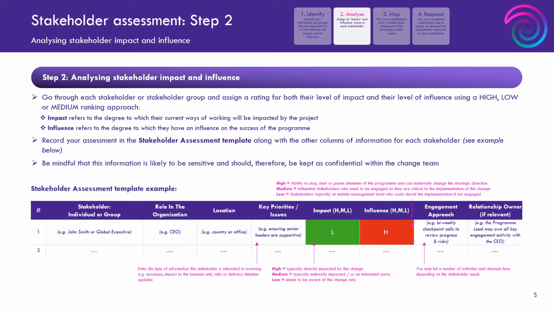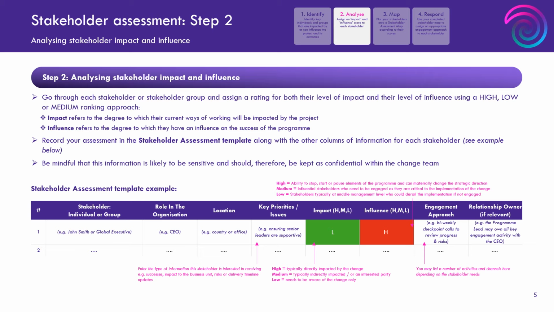So for example, a senior leader might be very influential in determining whether the program will be successful, but they might be less likely to be impacted on a day-to-day basis. Whereas a more junior employee is likely to be impacted on a bigger scale, but is likely to have a lot less influence over the key decisions or outcomes of the program.